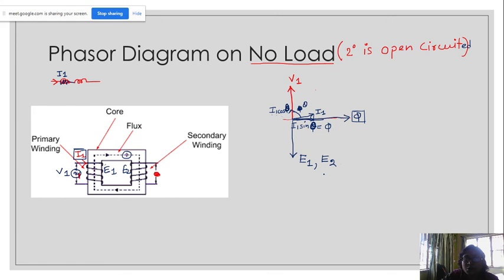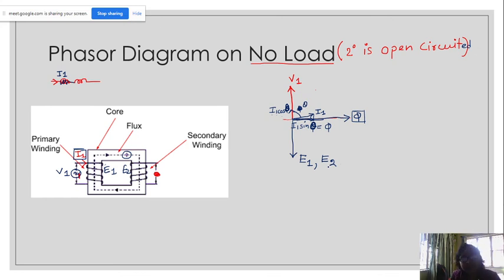Do you understand what I tried to say? I have tried to make you understand the relationship with a phasor diagram in a sequential manner. First we applied V1, and due to V1, as there is a closed circuit, I1 will flow.